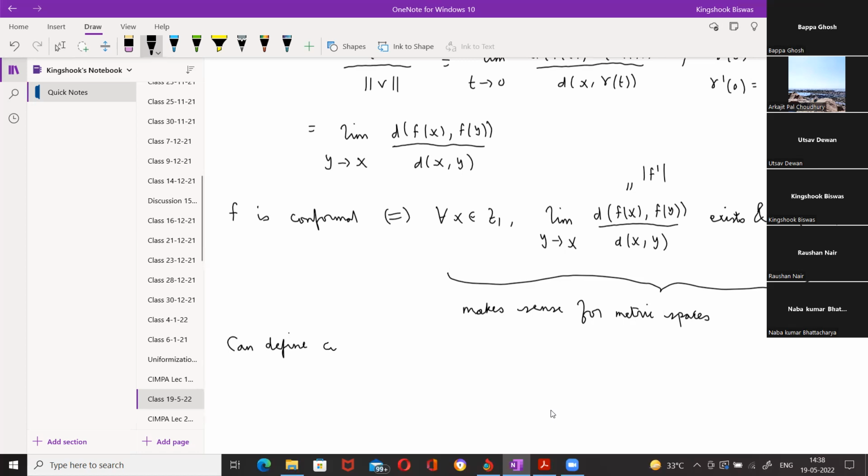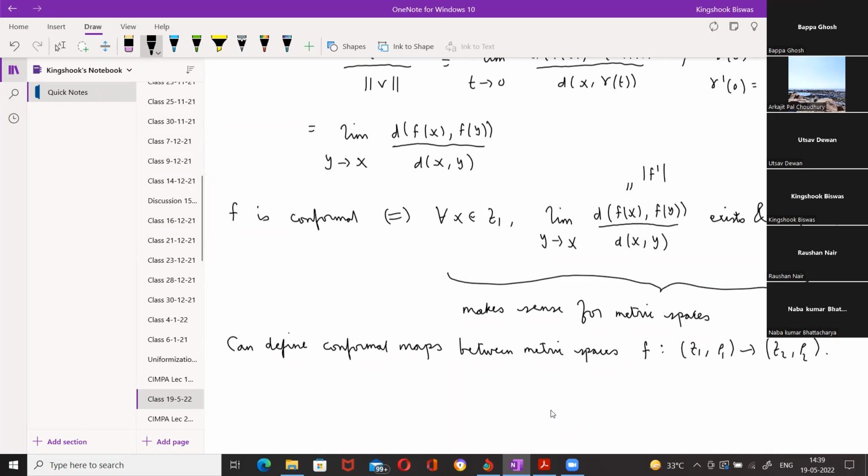So we can define conformal maps between metric spaces if this limit exists and is positive and finite for all x in the domain.